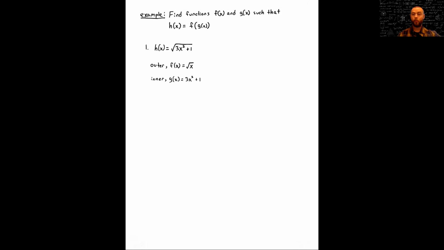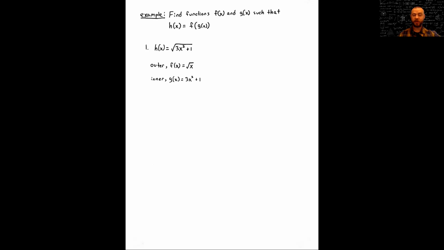Pause and see if you can write down a pair of functions, an outer and inner function that would work. All right, one pair that will work. We're going to take our outer function to be square root of x, since that function h has a square root on the outside. And then our inner function g of x, we'll take it to be the inner quantity inside the square root. So we'll say g of x is 3x squared plus 1.